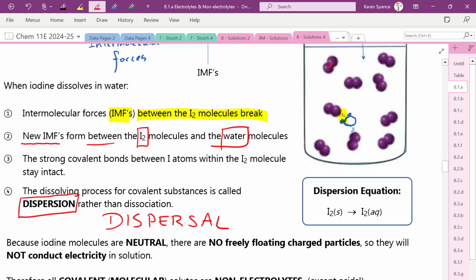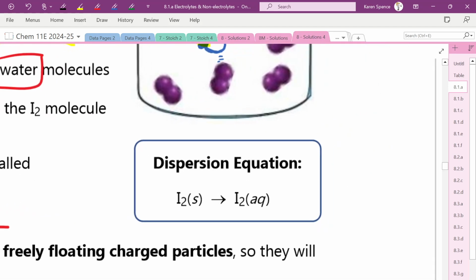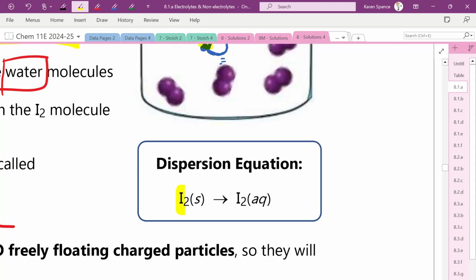Well, theoretically, unless you're walking home together. So that's basically disperse. And you can see that in our dispersion equation, we start with I2. What do we finish with? We finish with exactly the same. The only thing that has changed is the state.